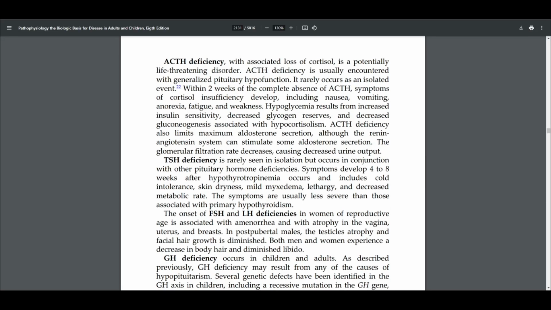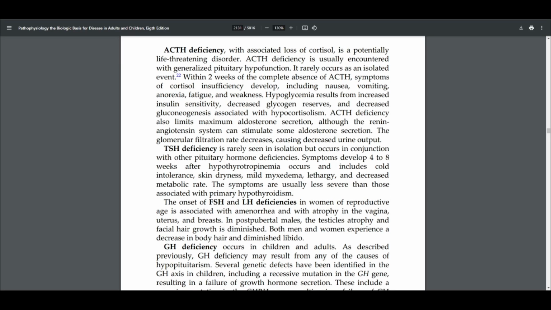ACTH deficiency with associated loss of cortisol is a potentially life-threatening disorder. ACTH deficiency is usually encountered with generalized pituitary hypofunction. It rarely occurs as an isolated event. Within 2 weeks of the complete absence of ACTH, symptoms of cortisol insufficiency develop, including nausea, vomiting, anorexia, fatigue, and weakness.